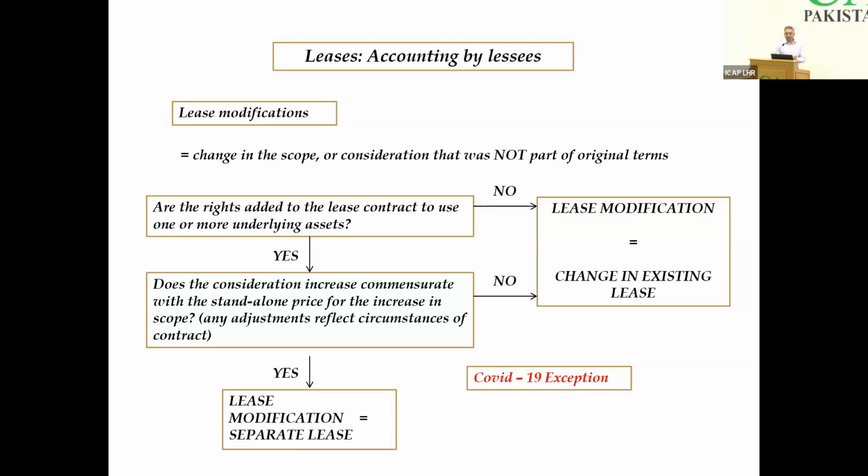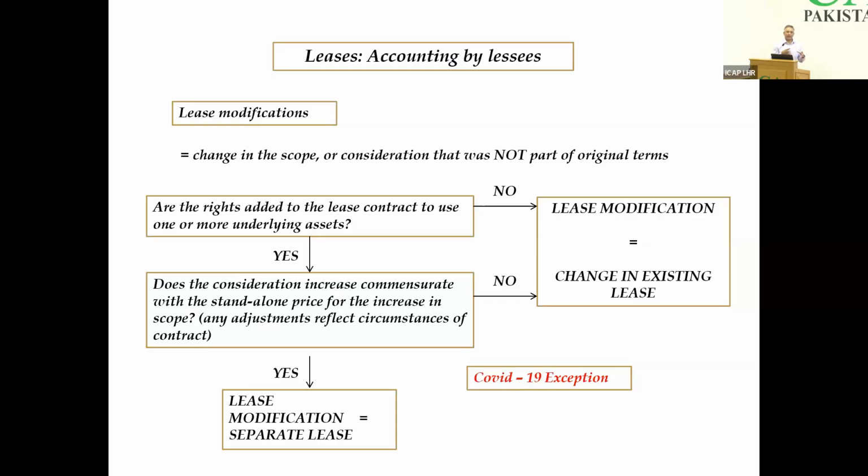There is an exception for the COVID-19 years. There were a lot of incentives given by the lessors to the lessees during the COVID-19 period. So there are certain additional paragraphs under the heading of modification. And if an incentive is being given because of the COVID-19 situation, then it's an exception to the modification, and you will go for reassessment accounting.